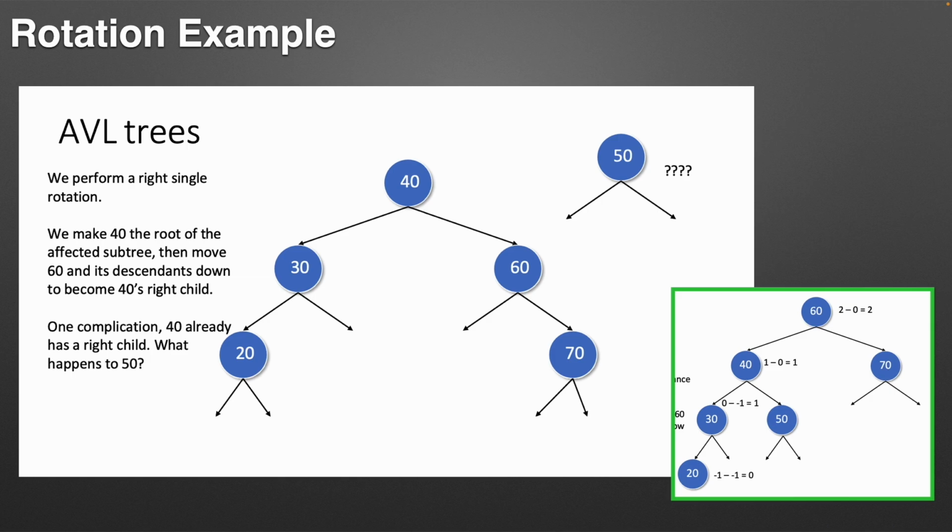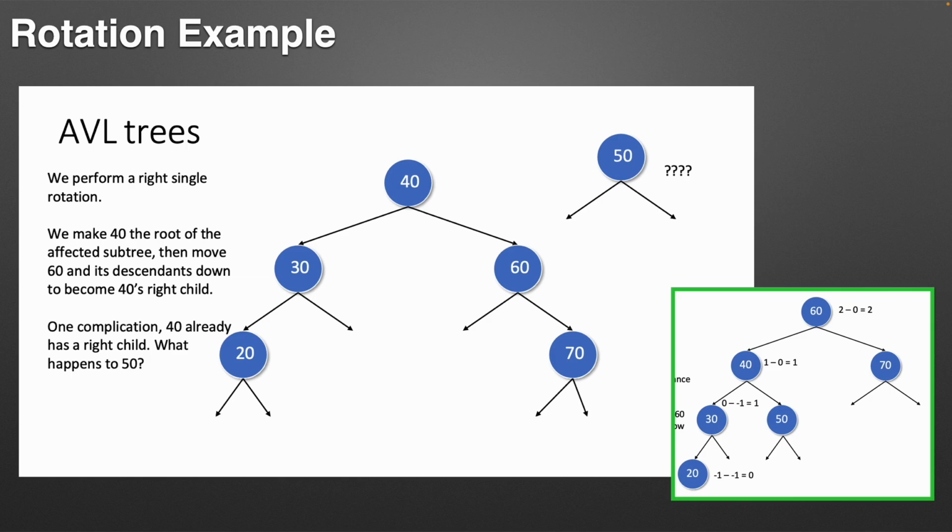And so what we're going to do is, remember we had 50 here. What we can do is make 40 the root of the tree, and then move 60. So we're going to grab 40, putting it up here. 60 is coming down here.